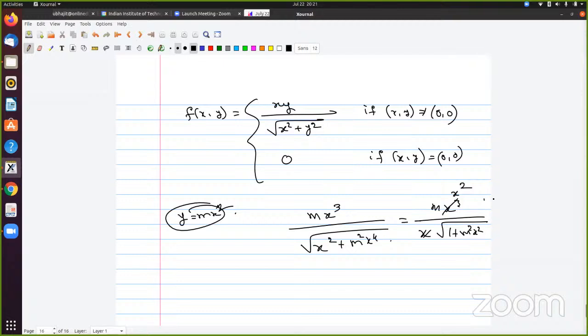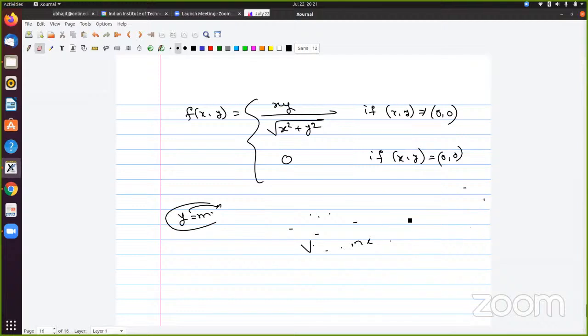What if we take root x? Okay. You put it yourself and see what happens. Y equal to root x, you are saying, right? Can we do that? I mean, it's a curve. You can put any curve which passes through 0. So y equal to root x, you are saying, right? So what does it mean?